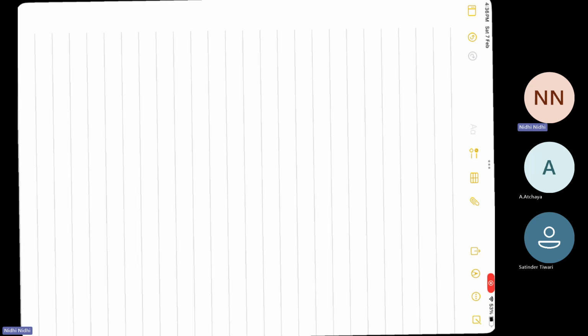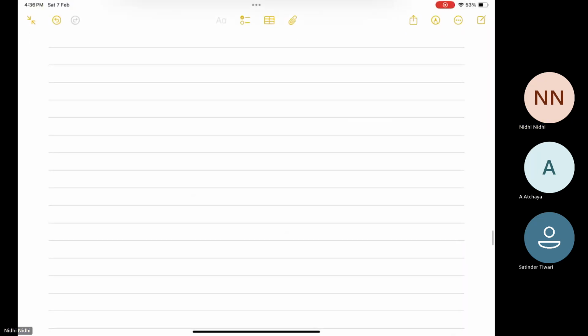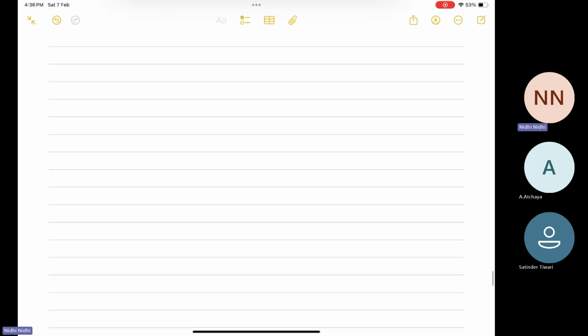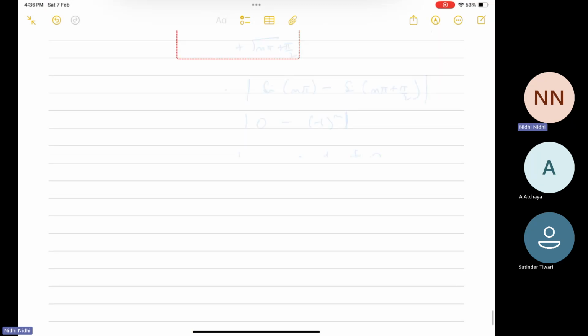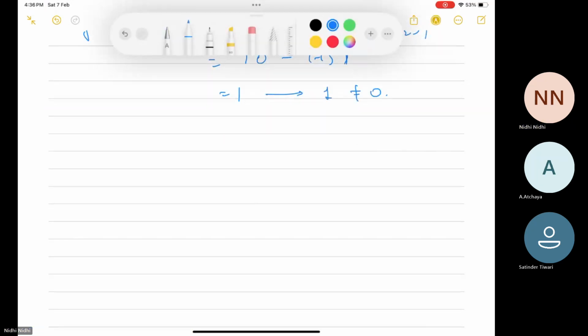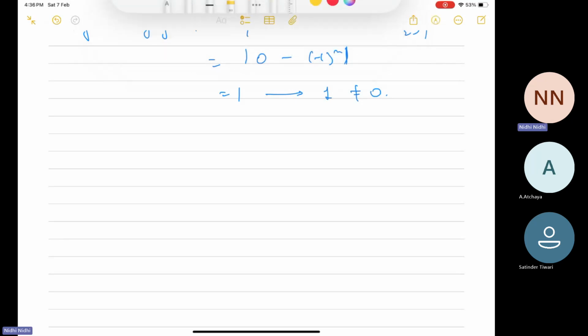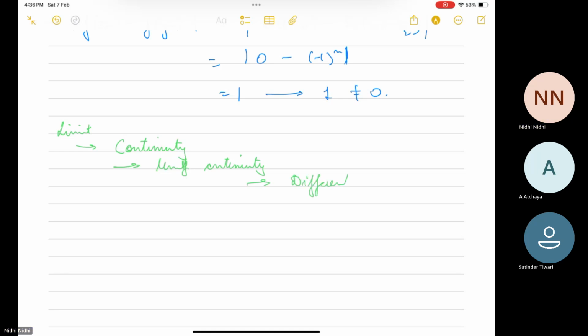So I'll just recall, we started with limit, then we had continuity, then we had uniform continuity, and next comes the topic of differentiability.